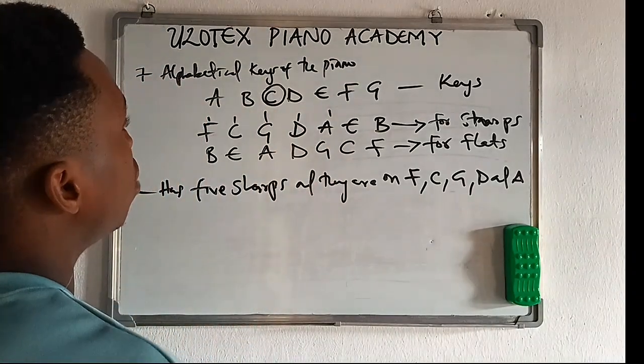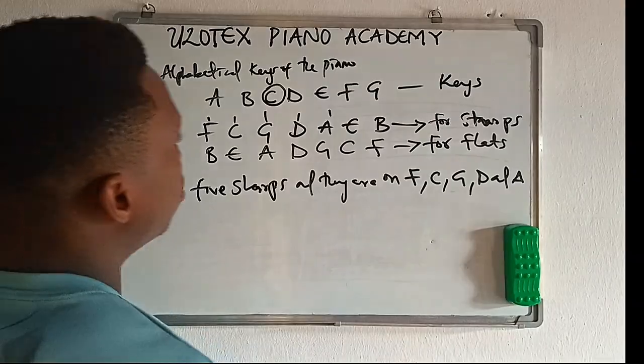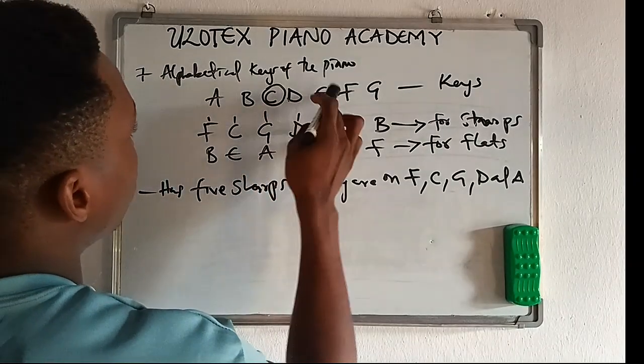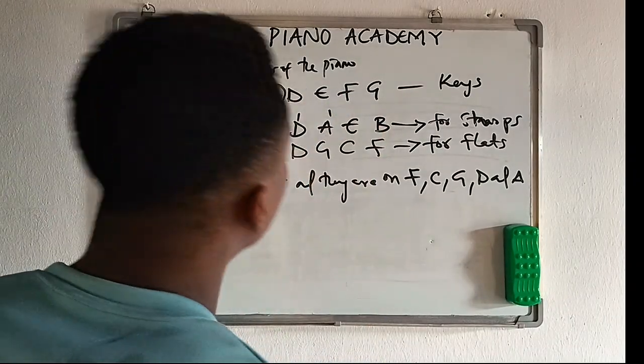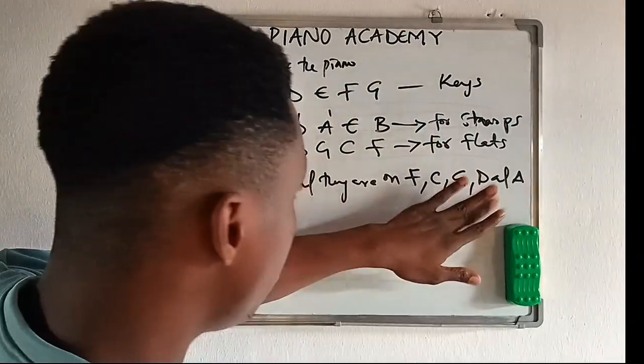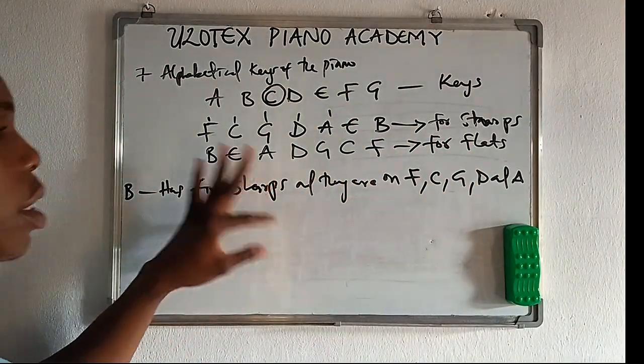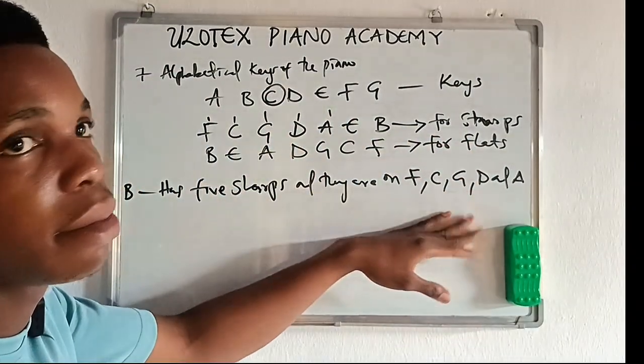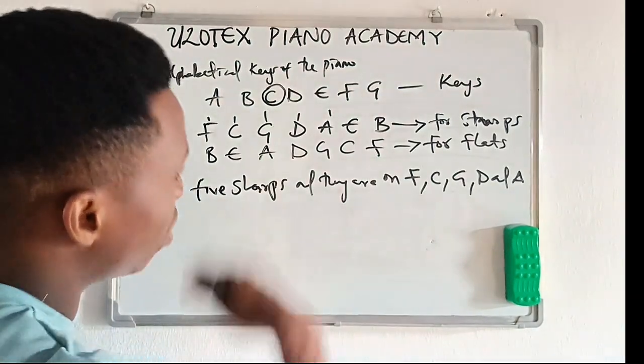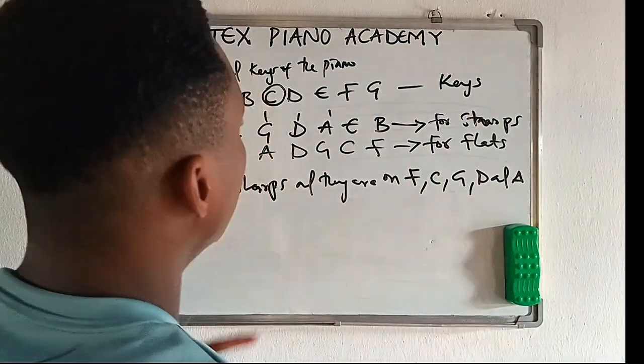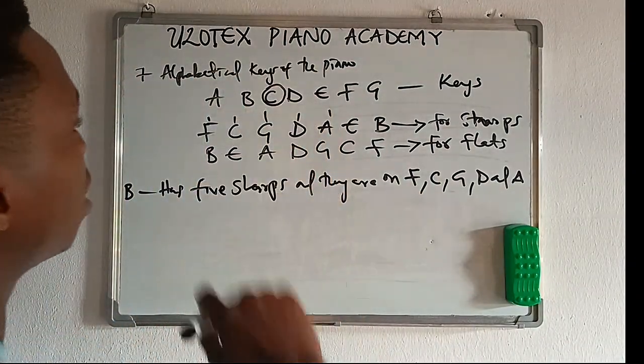So you can go on and on. We can try one more. 1, 2, 3, 4, 5. So these sharp keys end here. You understand? If you want to turn it around, you can, or you end the sharps here.